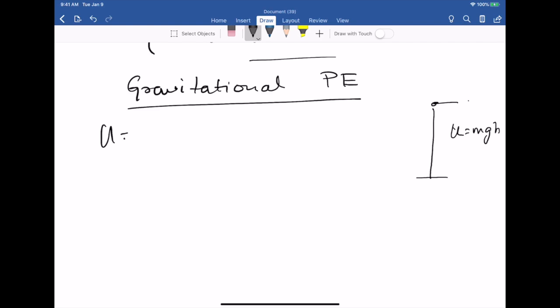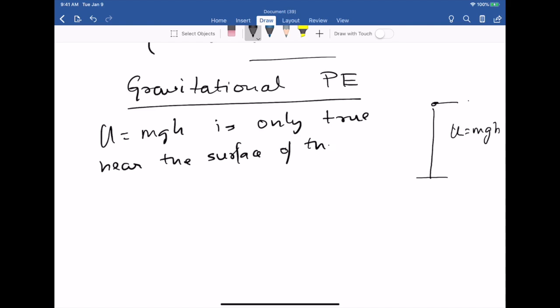So U equals mgh is only true near the surface of the Earth, and it's based on the assumption that g is approximately constant.